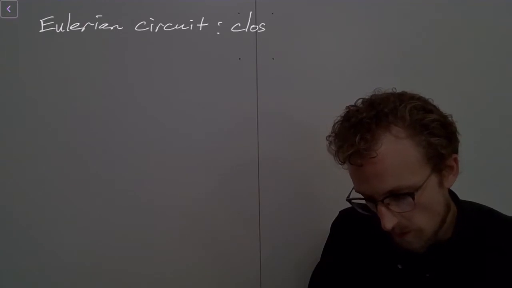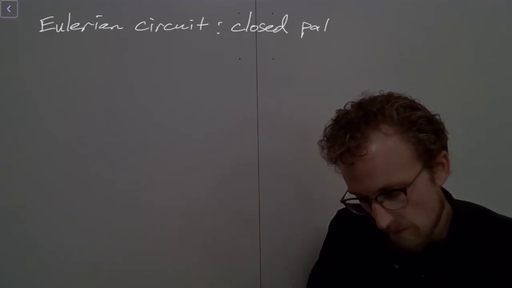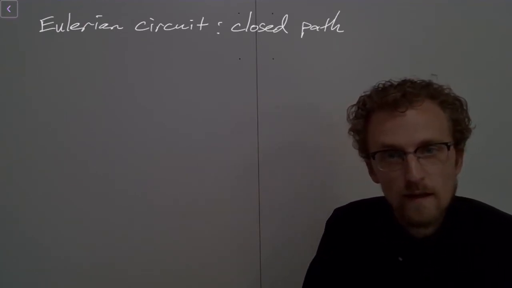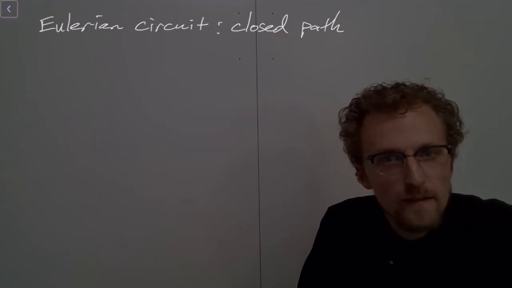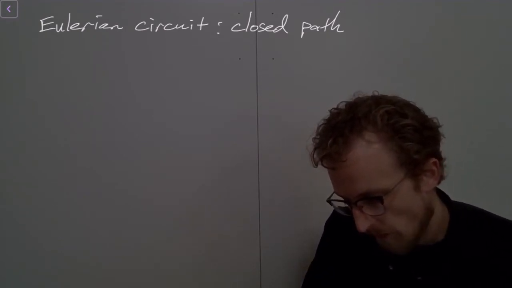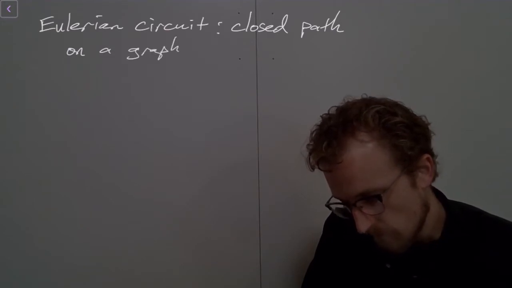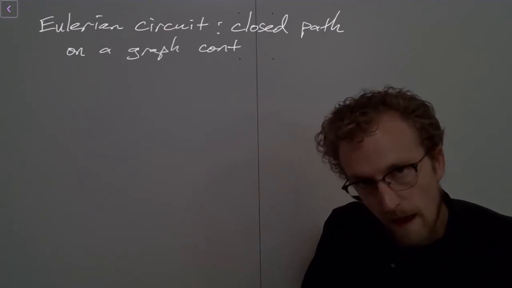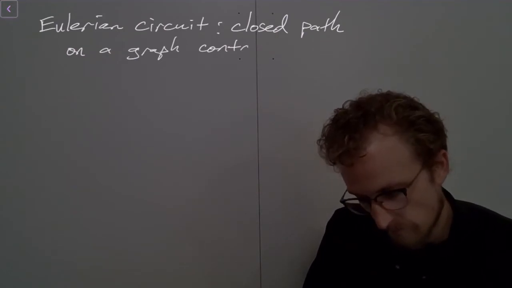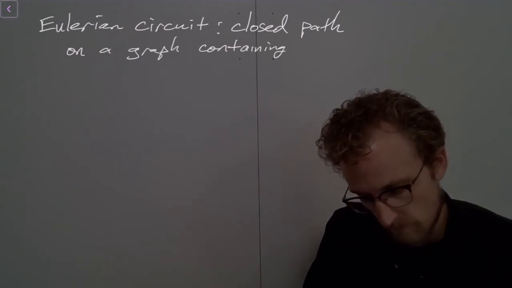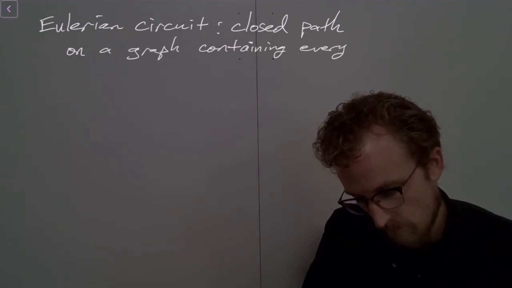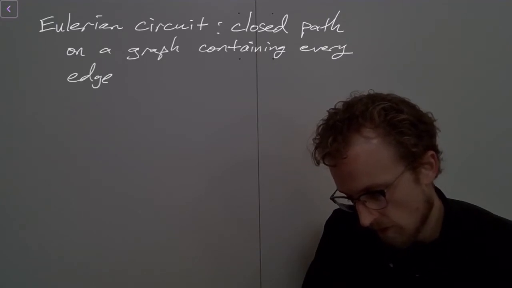Closed means that it is a circuit, right? It comes back to where it started. So a closed path on a graph containing every edge exactly once.